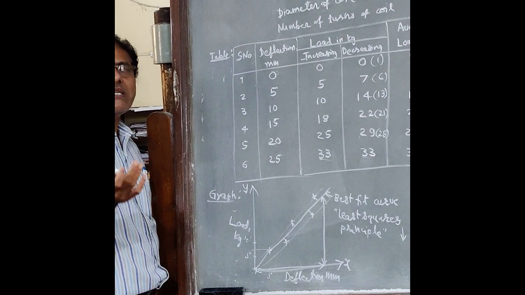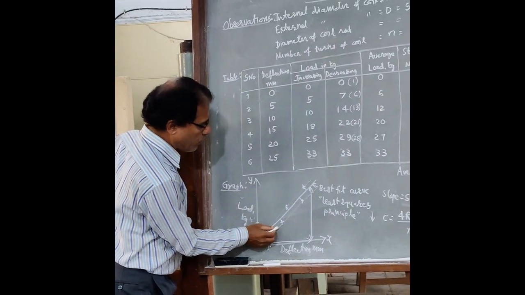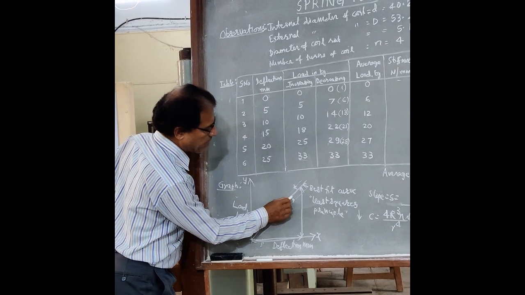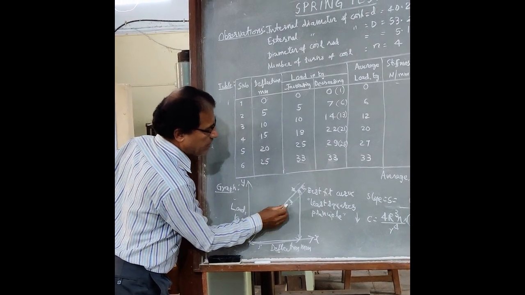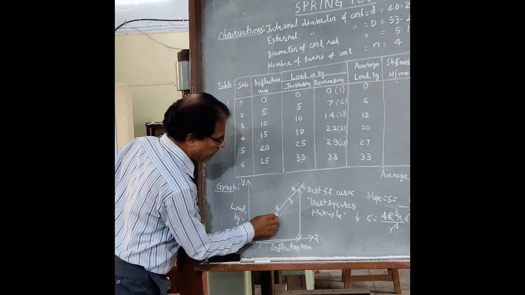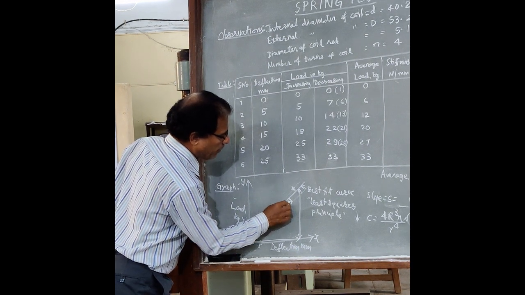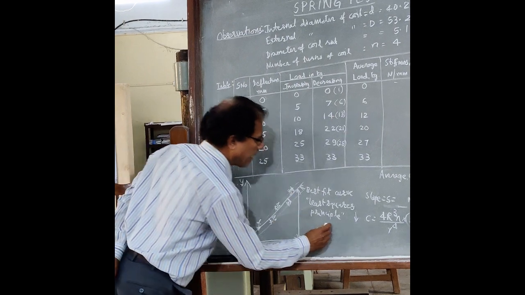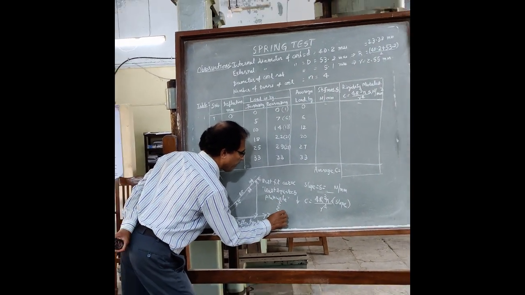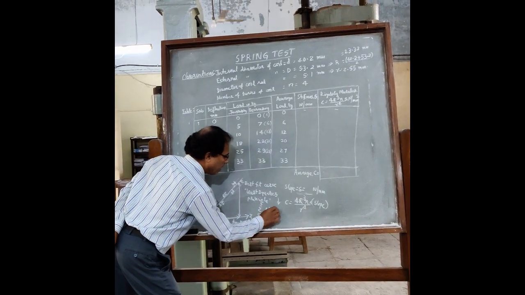Out of all these curves, you measure the perpendicular distances by dropping perpendiculars: D1, D2, D3, D4, D5, and so on. Now you take the summation of all these D's from 1 to 5, the sum of Di square.